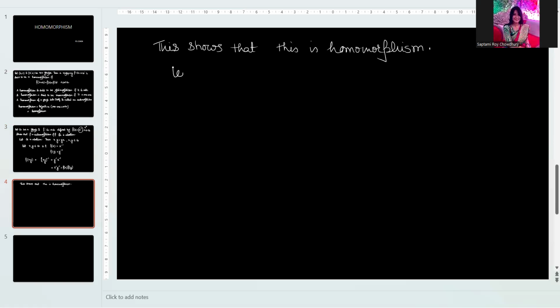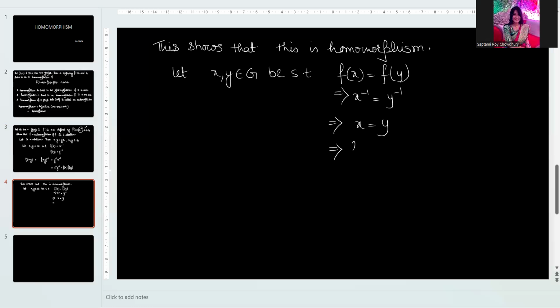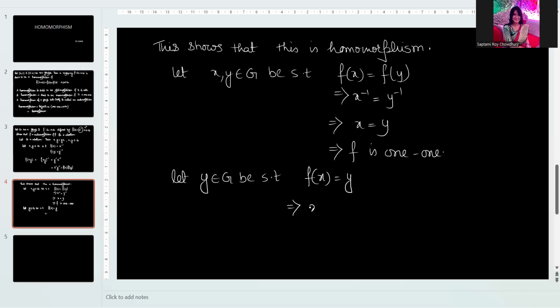Next, let x, y belong to G be such that f of x equal to f of y. This implies x inverse equal to y inverse, this implies x equal to y, this implies f is 1-1. Now we have to show that this is onto. Let y belong to G be such that f of x equal to y, that means x inverse equal to y, that means x equal to y inverse.